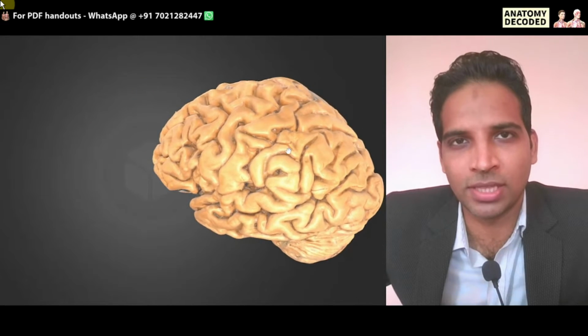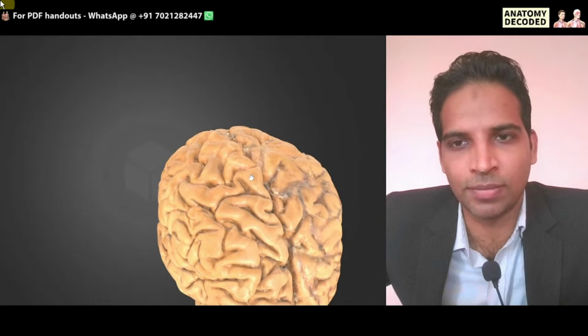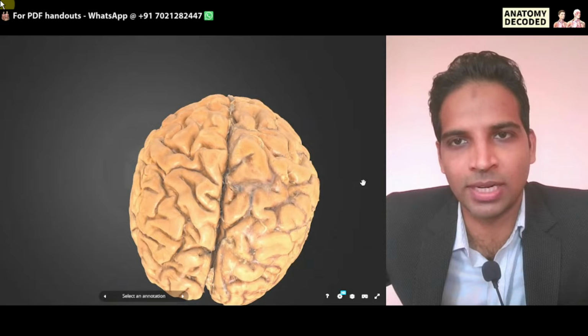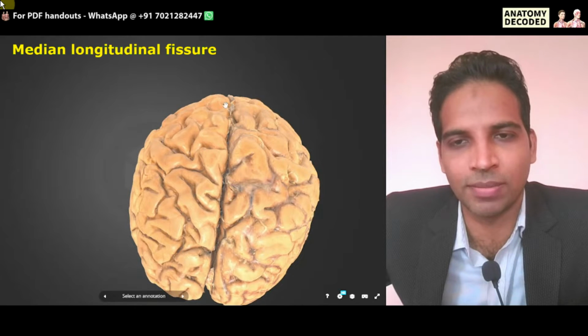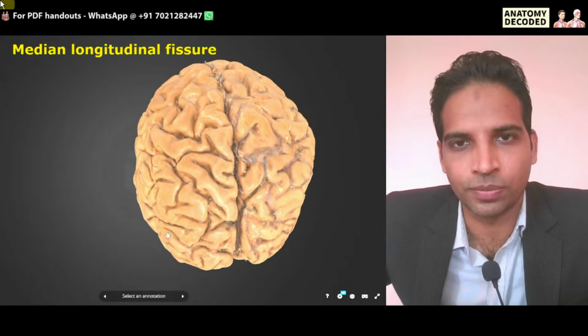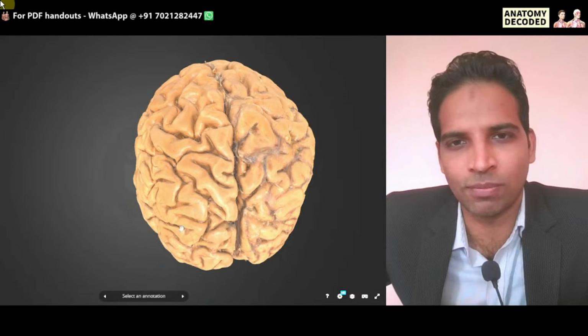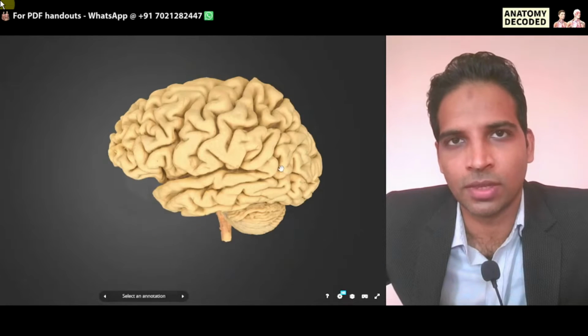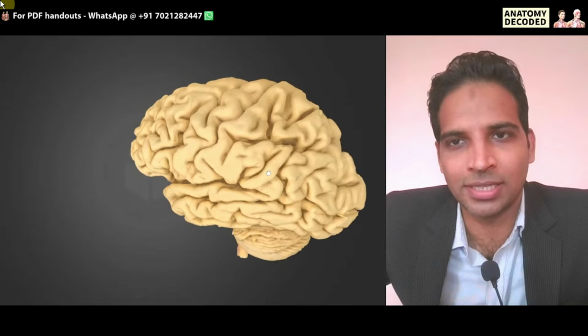So let's begin with the surfaces and the borders of the cerebral hemisphere. When we see the cerebral hemisphere from the top, there are two cerebral hemispheres which are divided by a median longitudinal fissure. Okay, so to understand the surfaces and borders, we'll take a one-sided cerebral hemisphere to understand it in a much better way. So this is a specimen of one-sided cerebral hemisphere.